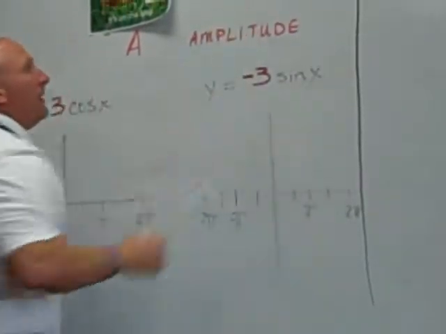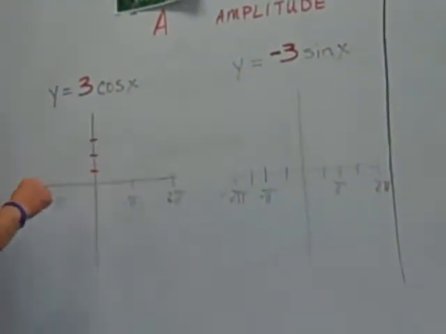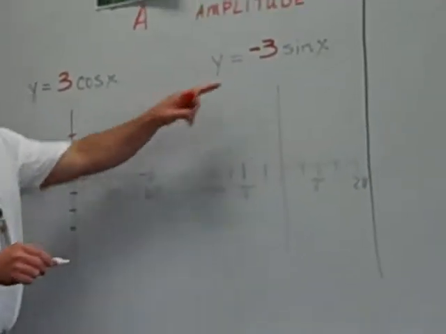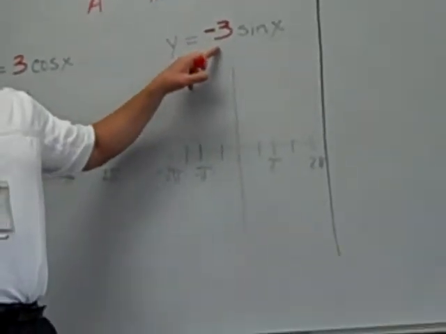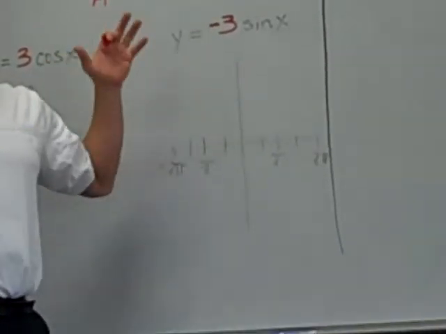I'm sure the Webster's definition of amplitude has to do with how high, how low. In this case, how high are we going? 3. How low are we going? 3. In this case, how high are we going? 3. How low are we going? So that tells us how high, how low.